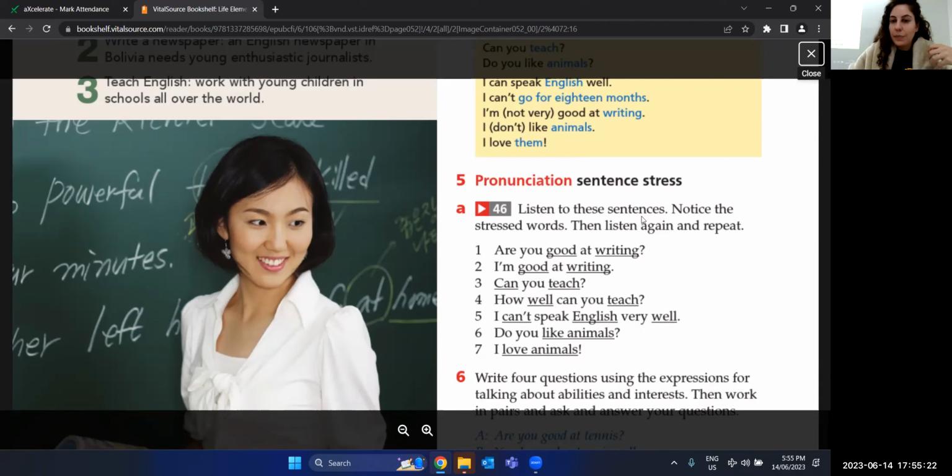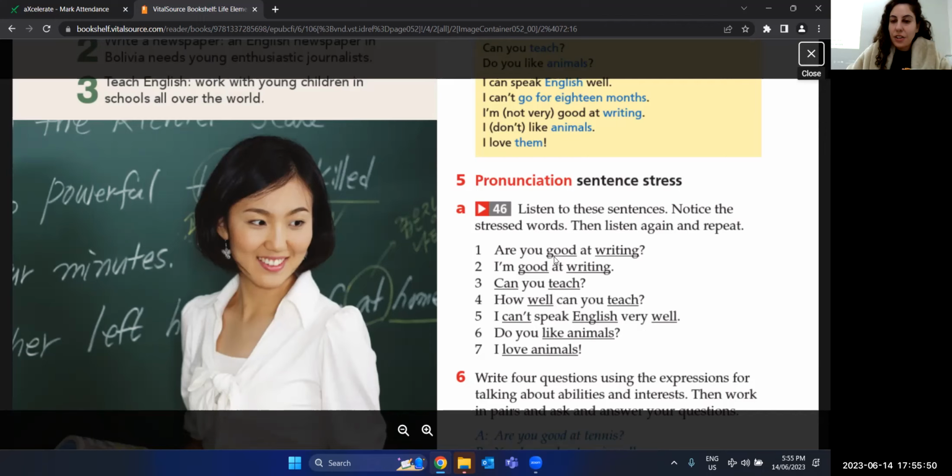For example, these words are underlined, good and writing. Are you good at writing? They're the two most important parts of the sentence that I want to know. Are you good? Yes, I'm good. No, I'm not. You want to make sure the person understands that's what you're interested to know.